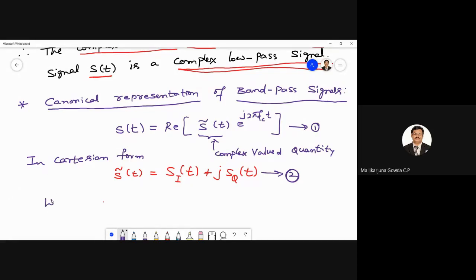Where s_I of t and s_Q of t are both real valued low pass functions.